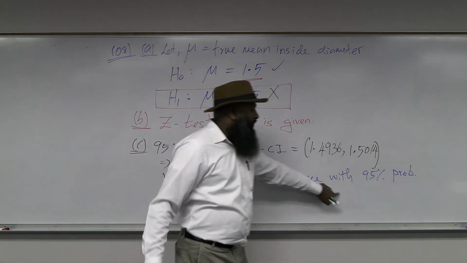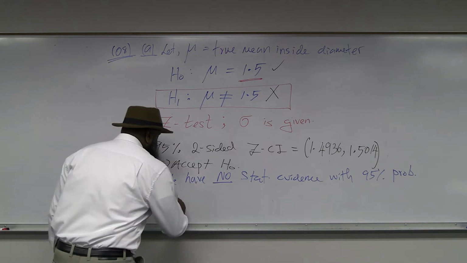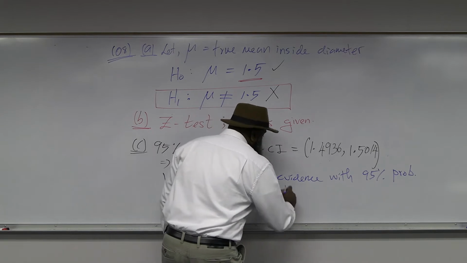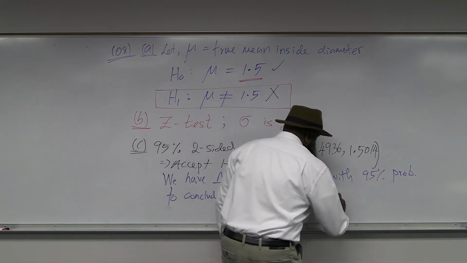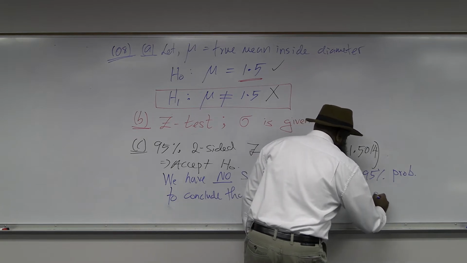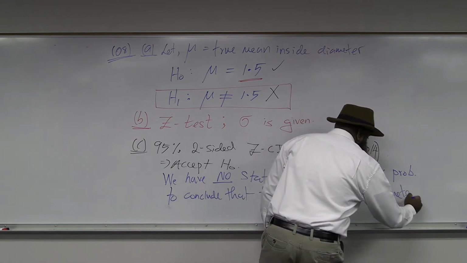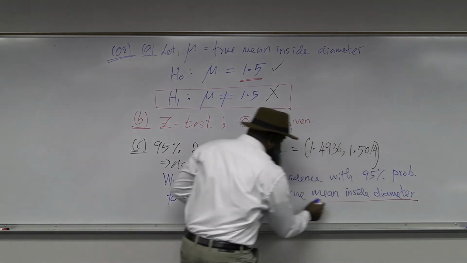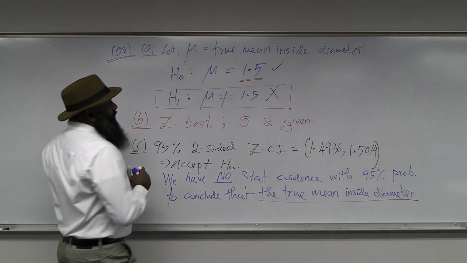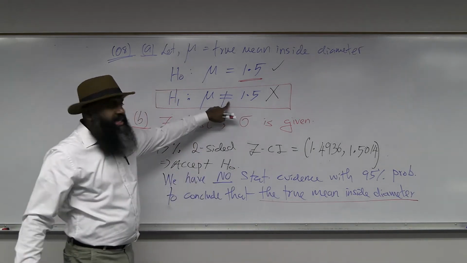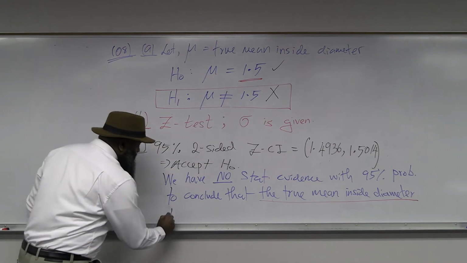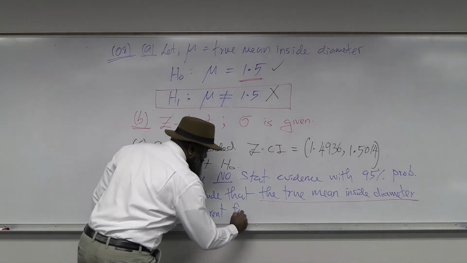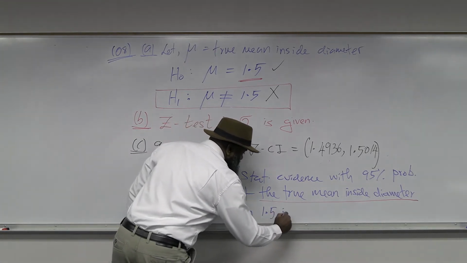No evidence with 95% probability to conclude that the true mean inside diameter, which is mu in words, true mean inside diameter, is different from 1.5, which is our H1, okay, is different from 1.5 inches.